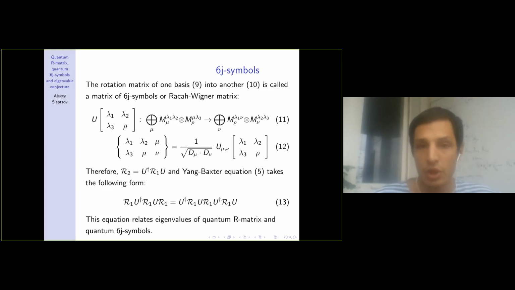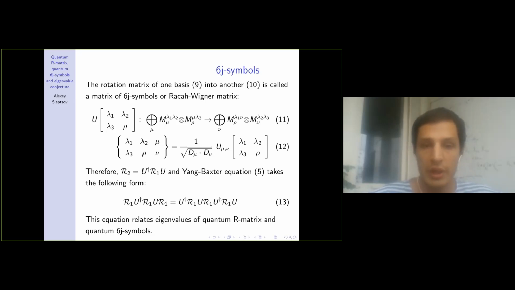Actually, people use this normalization in order to get very nice symmetry formulas for 6j-symbols, but for us it is not very important right now. So we can express the R2 matrix in terms of the diagonal R1 matrix and the Racah-Wigner matrix, and then the Yang-Baxter equation takes the form 13.